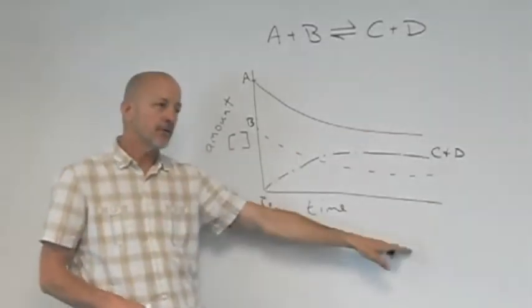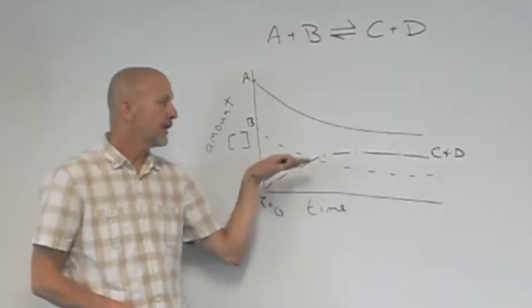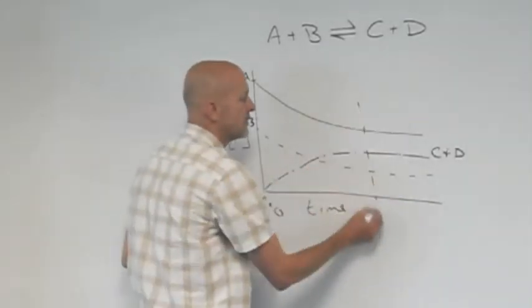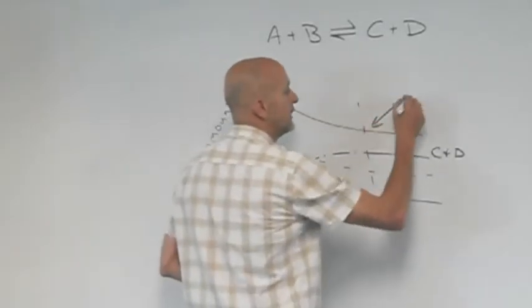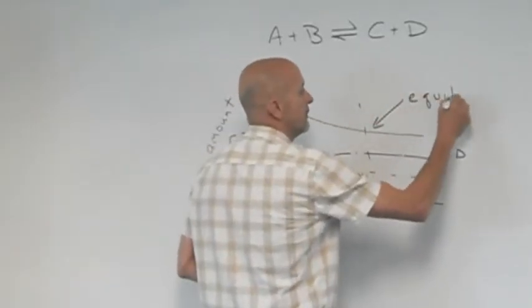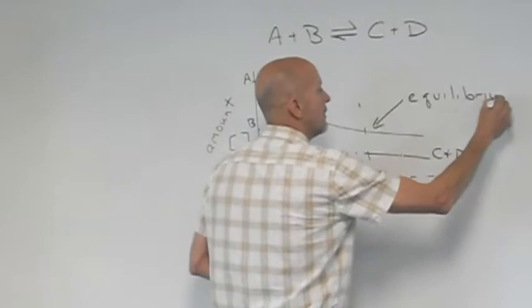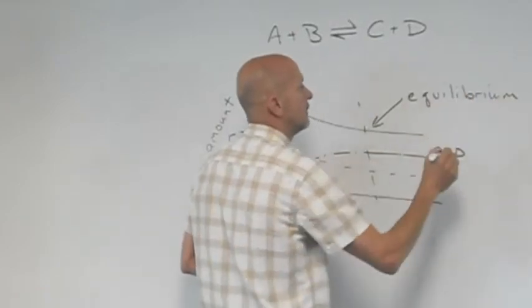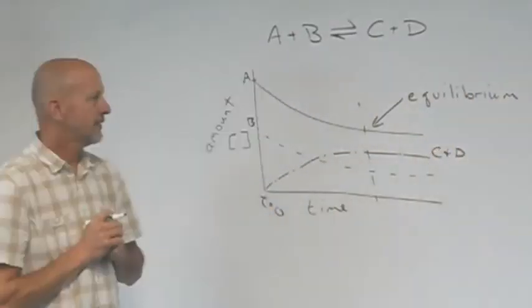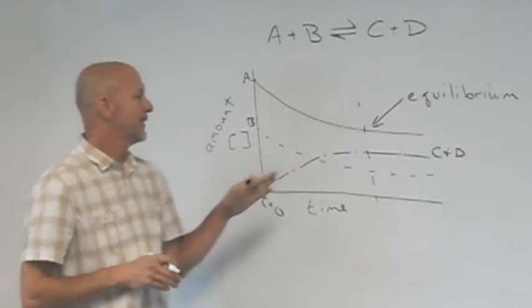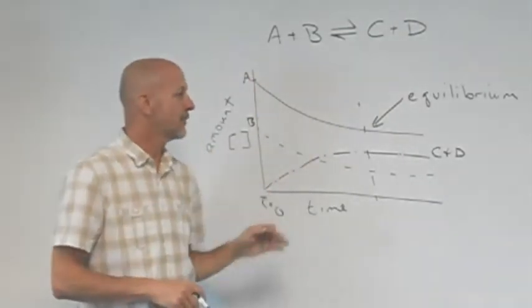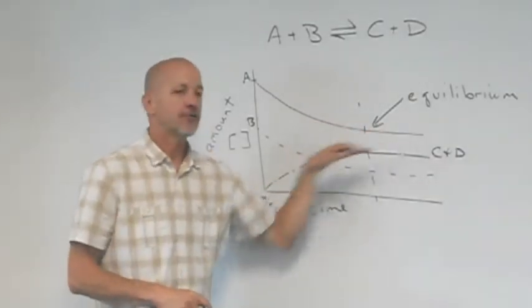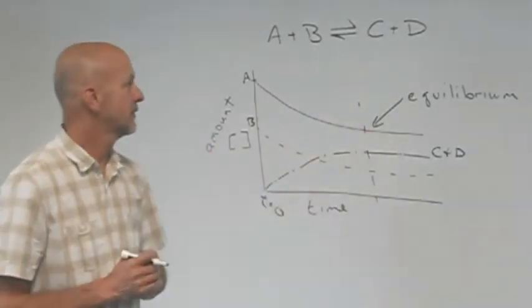Nothing runs out, but at some point I get this stable condition, and this point where everything's stable becomes equilibrium. At equilibrium, I have a very dynamic situation, reactions continuing back and forth, but all my concentrations, all of my amounts are staying the same.